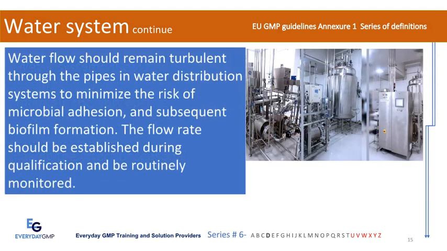Water flow should remain turbulent through the pipes in water distribution systems to minimize the risk of microbial adhesion and subsequent biofilm formation. The flow rate should be established during qualification and be routinely monitored.